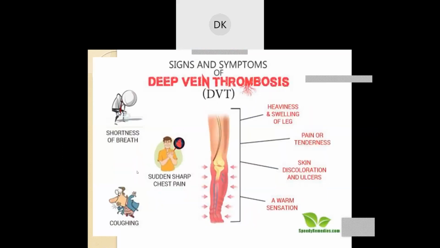So here are some of the silent symptoms of deep vein thrombosis. Because of the abnormalities in the leg, what will happen? Heaviness and swelling.